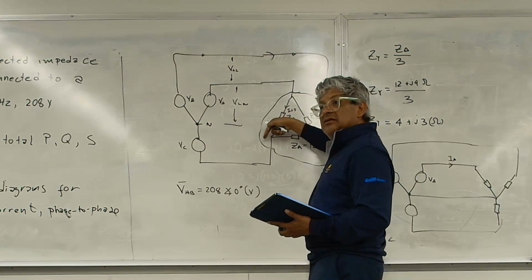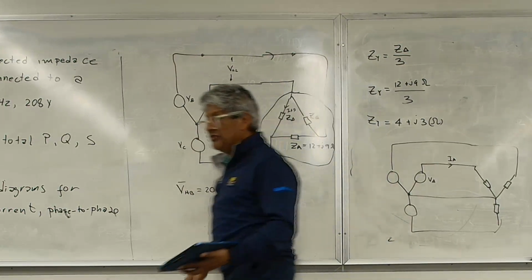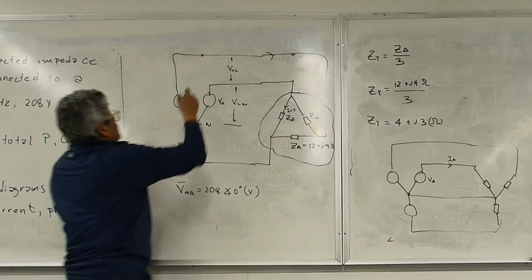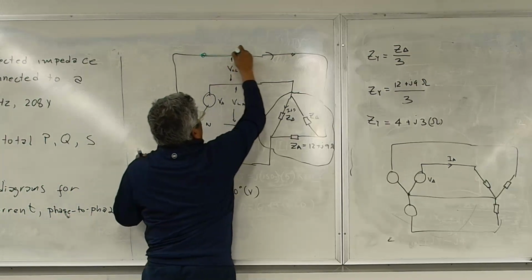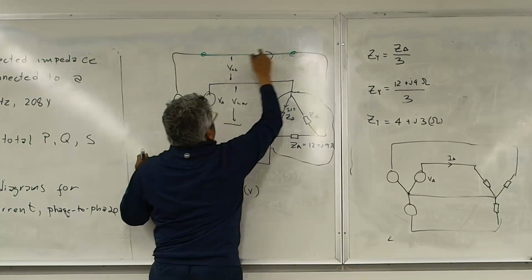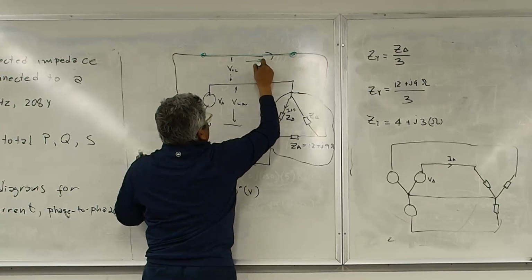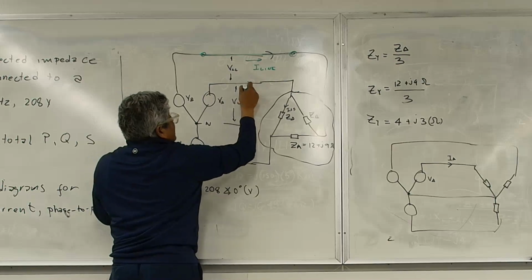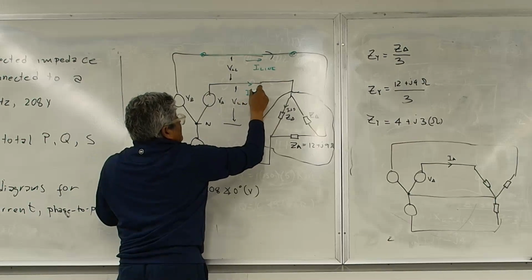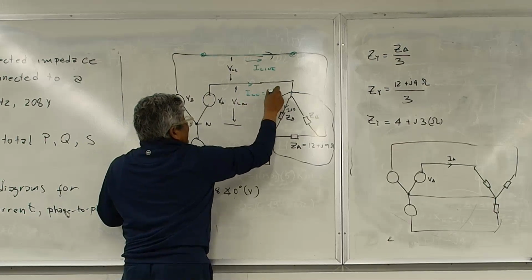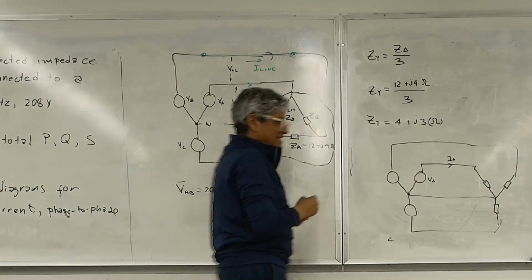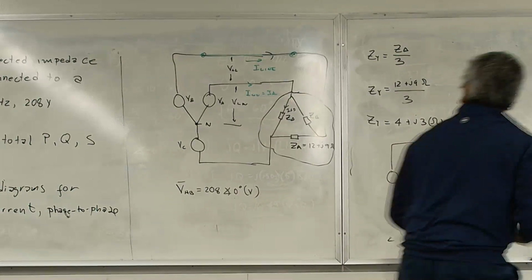Make sense? The current flowing on this wire, using a different color, is what I call the I line. In our case, this is equal to I_A coming from source A. The current flowing here is the I load.